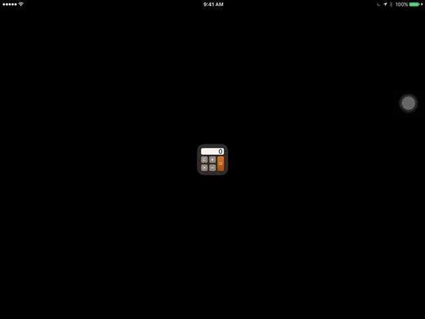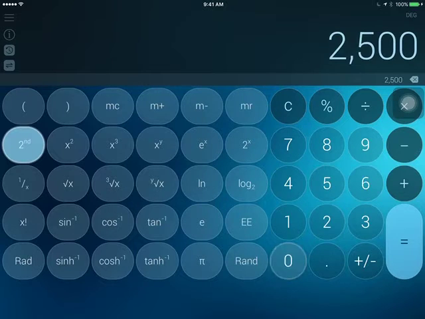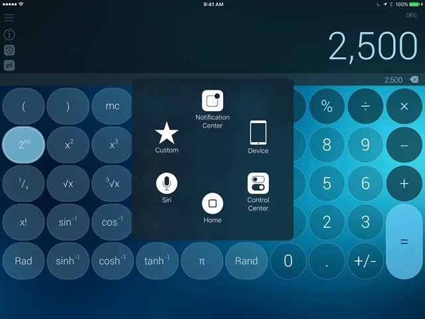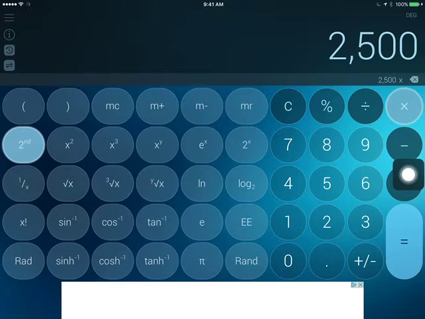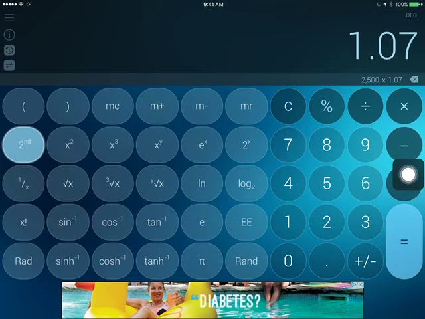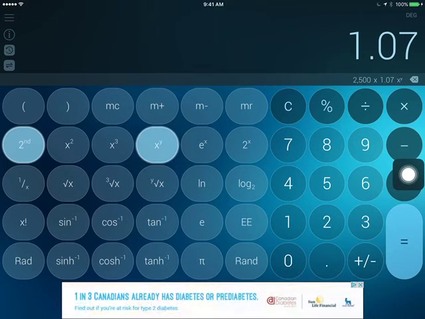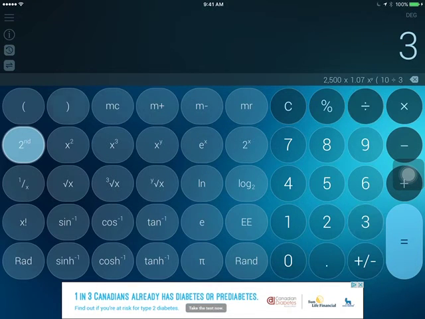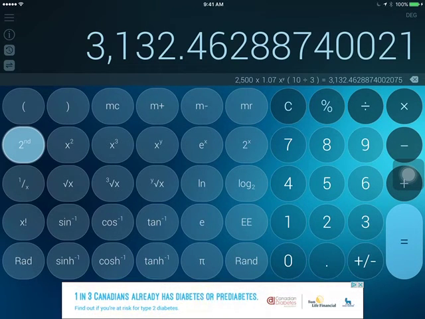So if I quickly do that, we find that 2500 times 1.07. Now use your exponent button on the calculator, the x to the y. I'm going to have to use brackets because it's a fraction. 10 divided by 3, closing bracket. So I get 3,133 people, and you can't use a decimal here because we're talking about people.